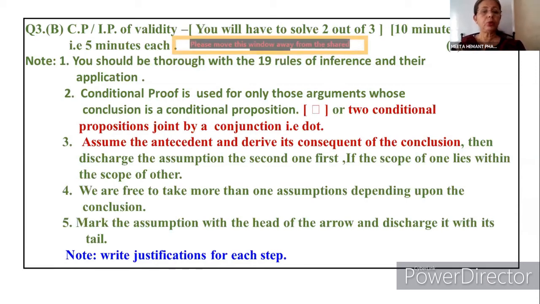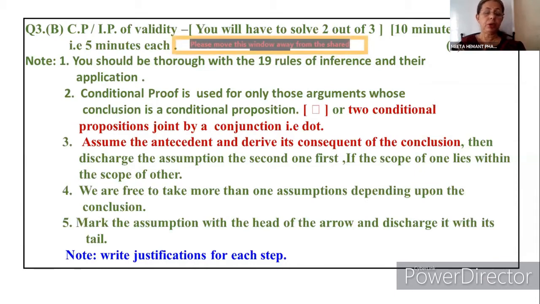Then what you have to do in CP method, that also you must know. You have to assume the antecedent and derive the consequent of the conclusion. Then discharge the assumption. Second one you have to discharge first, and the first one later on, because the scope of the second assumption lies within the scope of the first assumption.